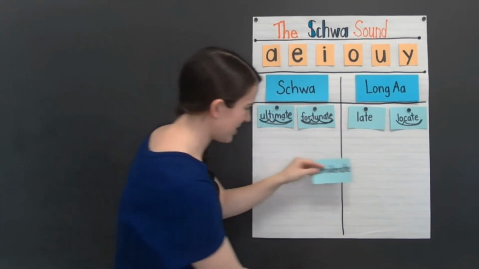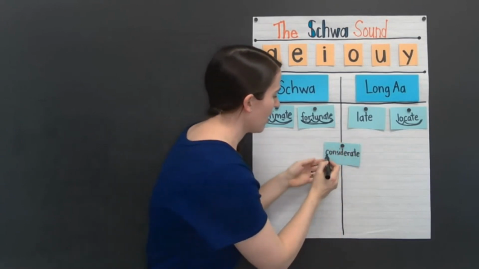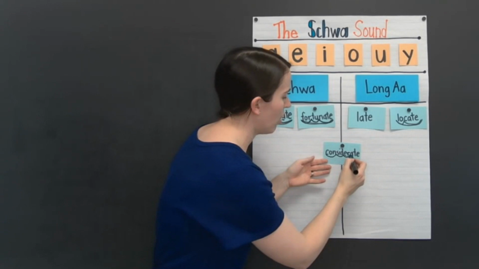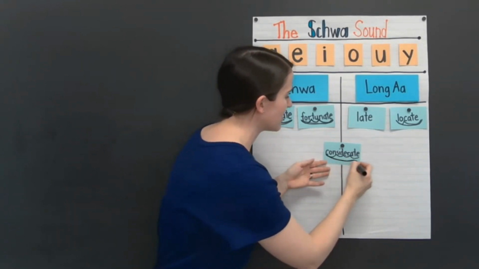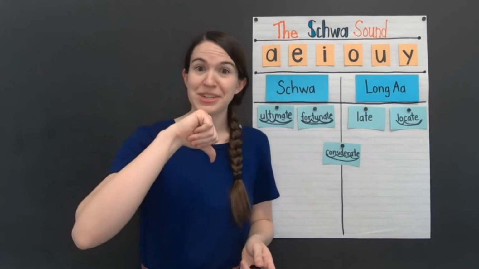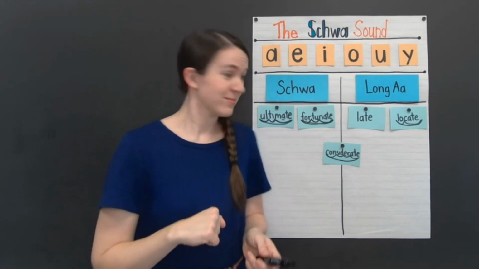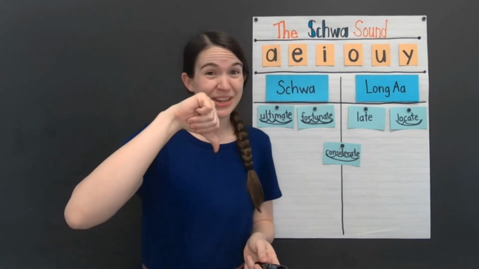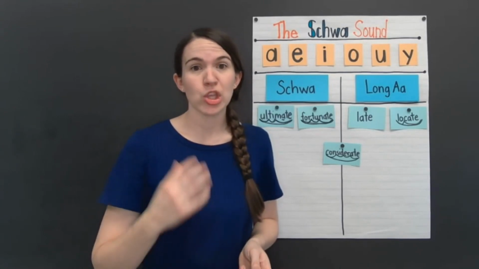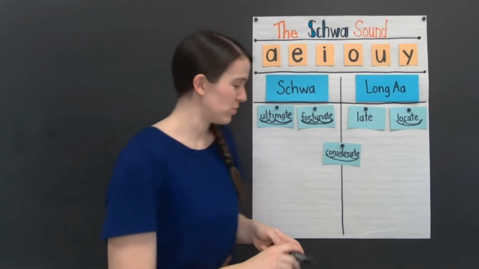Let's try this one together. Considerate. Thumbs up if that sounds like a real word. Thumbs down if it doesn't. For me, that's a thumbs down. I've never heard considerate before. Let's try it again using the schwa sound.